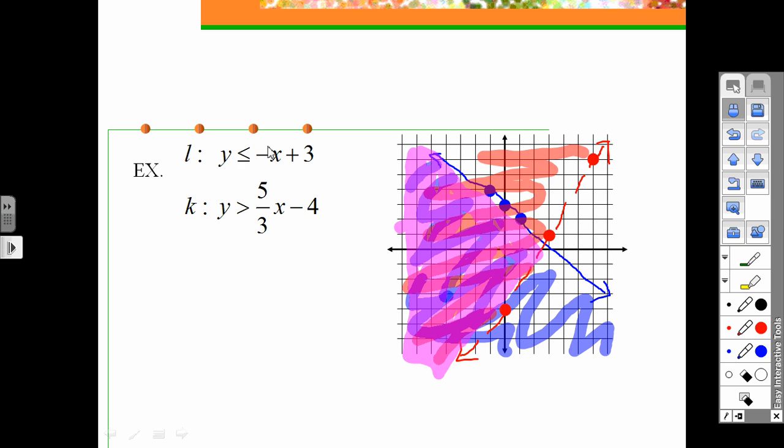What if I had plugged in up here? What if I plugged the 5 and the 0? So is 0 less than -5 plus 3? No, it's not. That's a false statement, so you can't shade where that point is. You'd have to shade on the other side. So you do whatever's comfortable. We can work on that together in class if you need to. Okay, that's it.